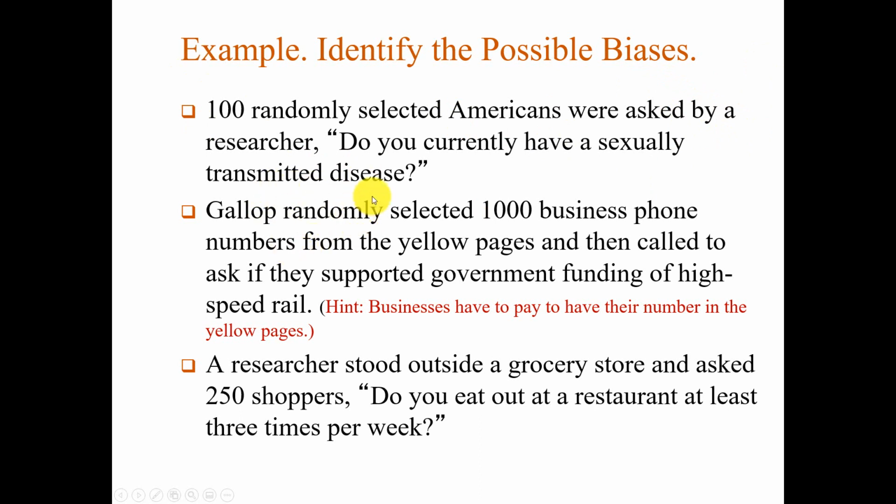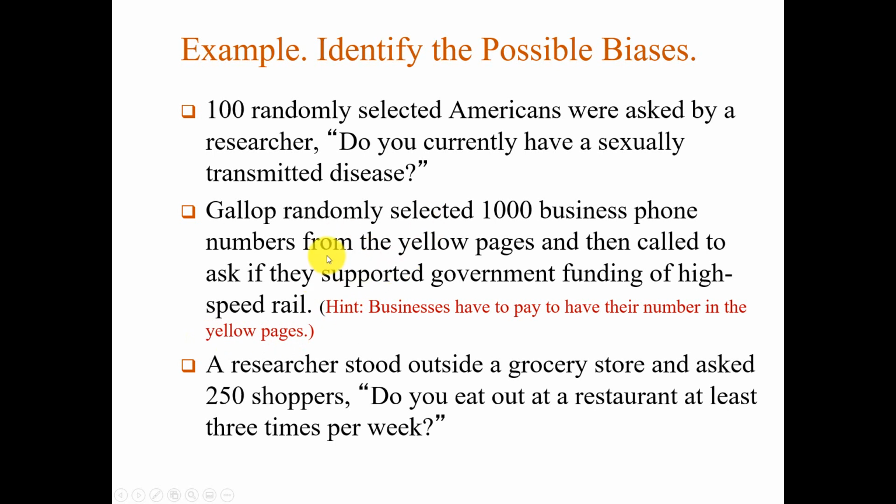The second one: Gallup randomly selected 1,000 business phone numbers from the Yellow Pages and then called to ask if they supported government funding of high-speed rail. The hint here is that businesses have to pay to have their number in the Yellow Pages.